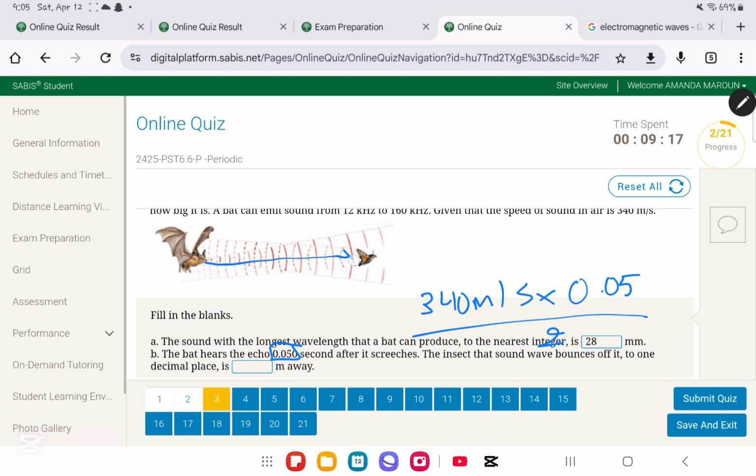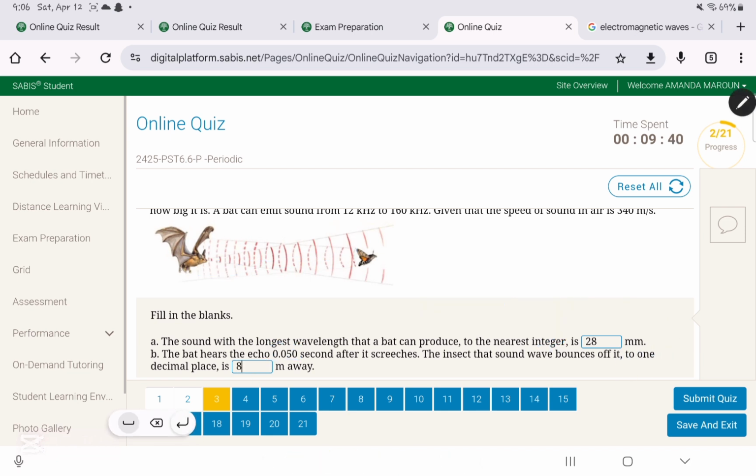He sent it and it returned back in 0.050 seconds. We need to find only the distance from him sending the wave, so you're going to divide by 2. It's going to be 340 times 0.05 divided by 2. You will get the answer, which is 8.5 meters.